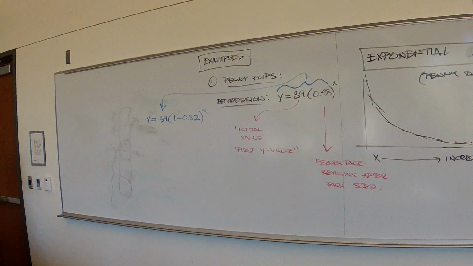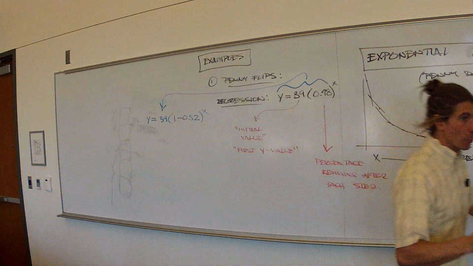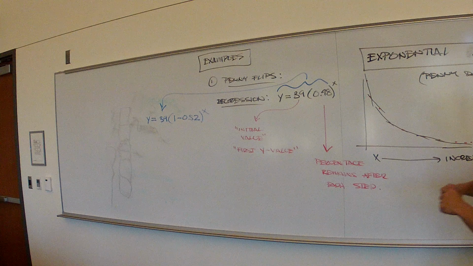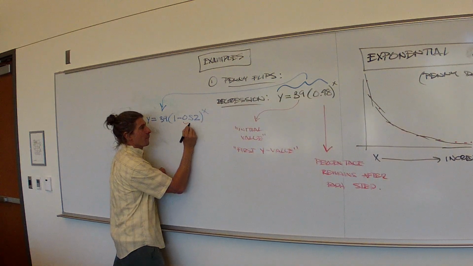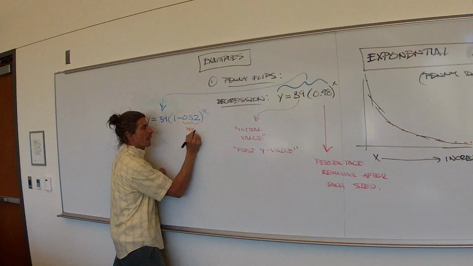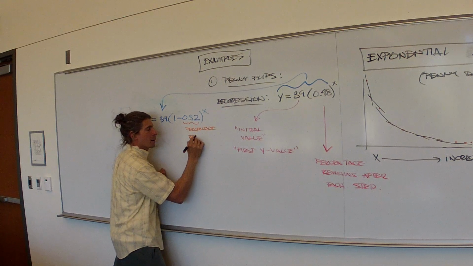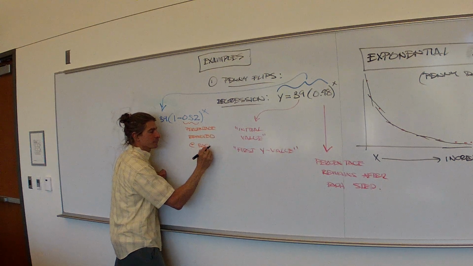I'm sure this upsets you right now. You're like, why are you making it more complicated? No, I'm actually making it more understandable. It might not feel like that right now. This 0.52 is the percentage removed at each step.